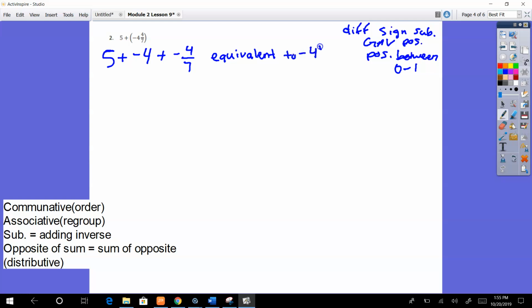To negative 4 and 4/7. So then we have 5 plus a negative 4, which gives me a positive 1. I was regrouping, so this is the associative property, and keep everything else plus a negative 4/7.